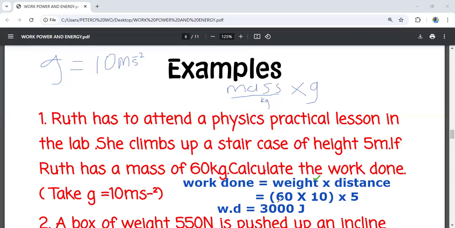You realize that we have 60 times 10, which is now the weight, then times 5, which is the distance in meters. So the answer that we have got for that is 300 joules. So that is our first example for work done against gravity.